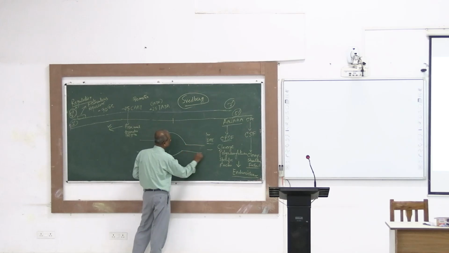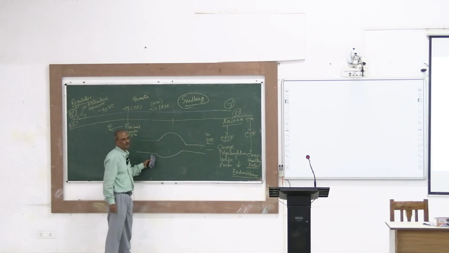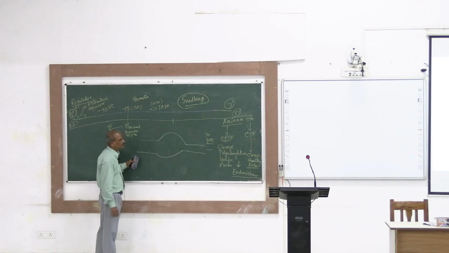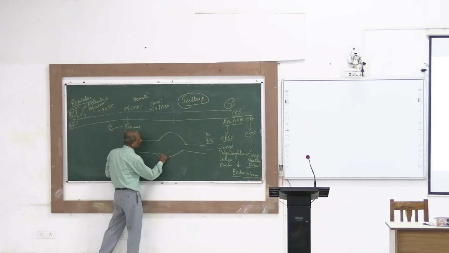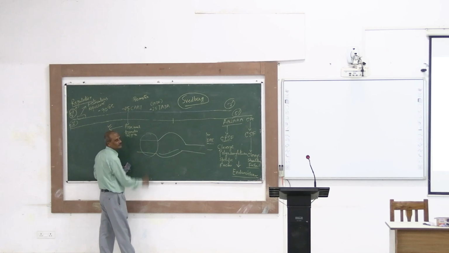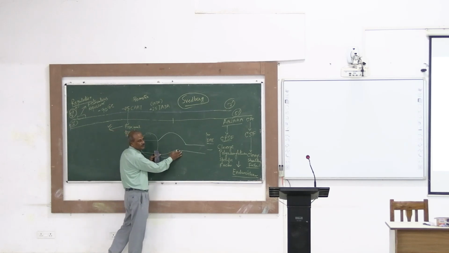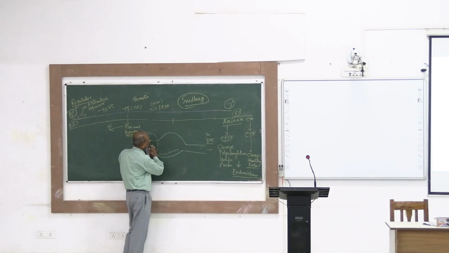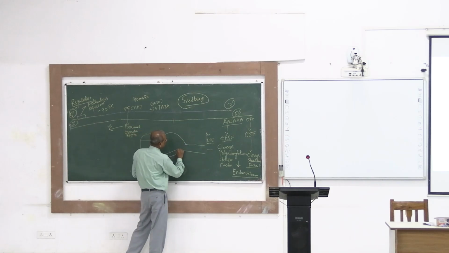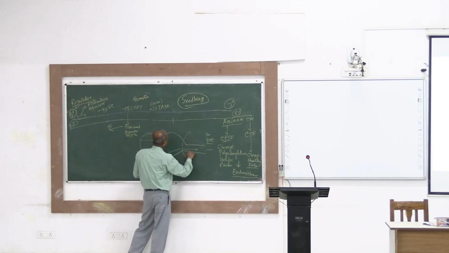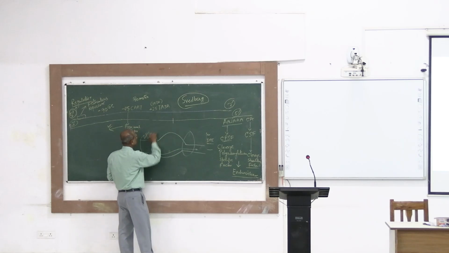This will be formed again. This is called an open complex. This I will tell you shortly, and then synthesis will start from here. The promoter will be here. Once at least about 10 nucleotides of this part are synthesized, it will move on to the second phase to produce the elongation phase. So again the promoter clearance will be there.